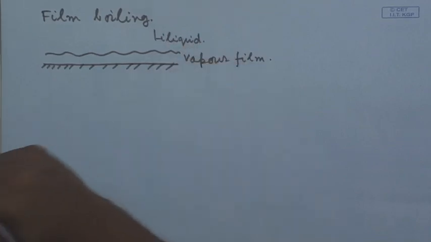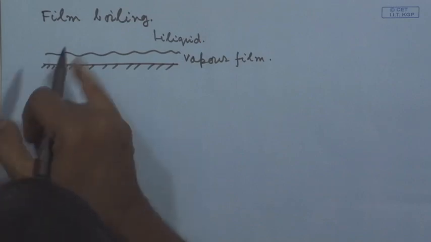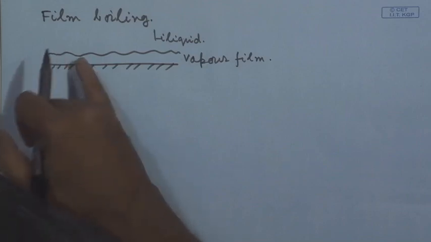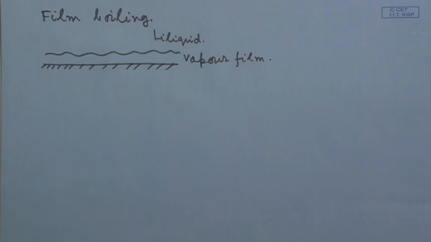And obviously, the vapor film, having lower conductivity, will act as some sort of insulating layer, and the rate of heat transfer will be much lower compared to nucleate boiling. Now, what will be the heat transfer coefficient? That depends on many factors. One of the factors is the orientation of the surface. Let us very quickly see two very common cases. One is a horizontal surface and another is a vertical surface.